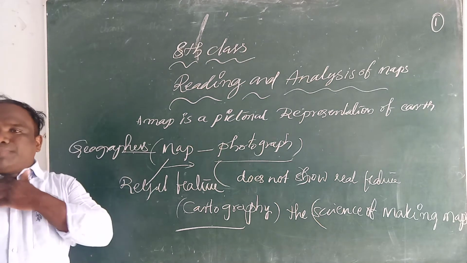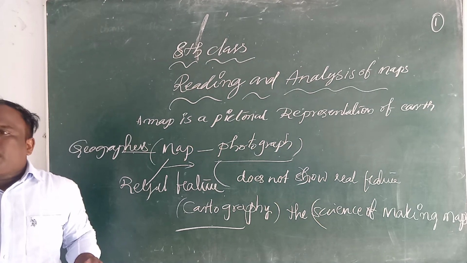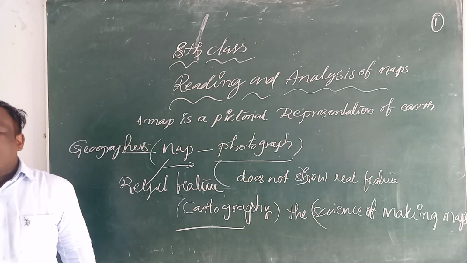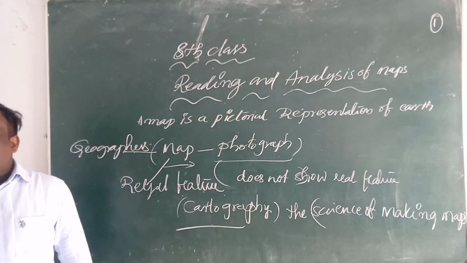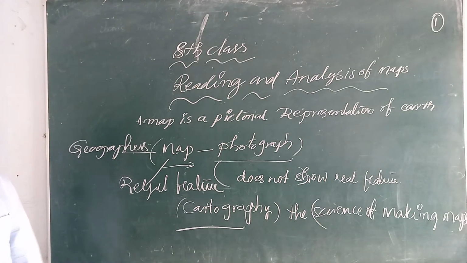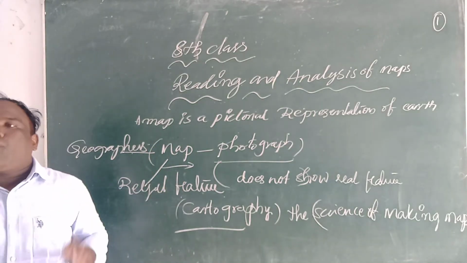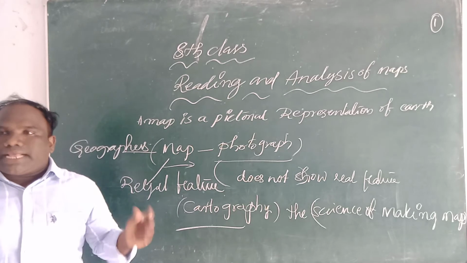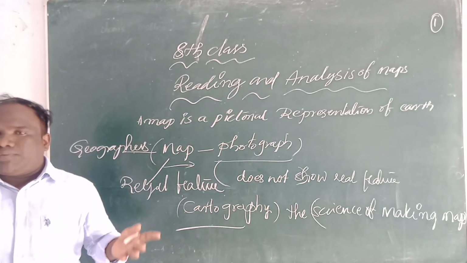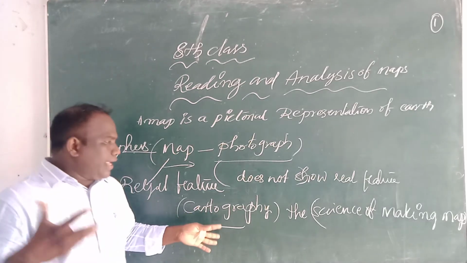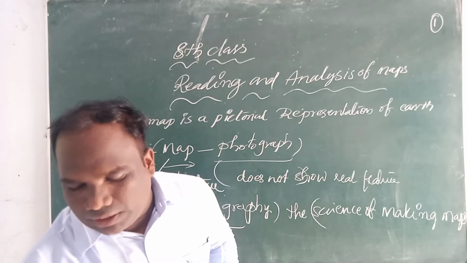What is the difference between the map and the photograph? A map shows the real features, but a photograph does not give the real features. So cartographers also use maps. What is cartography? The science of making maps is called cartography.